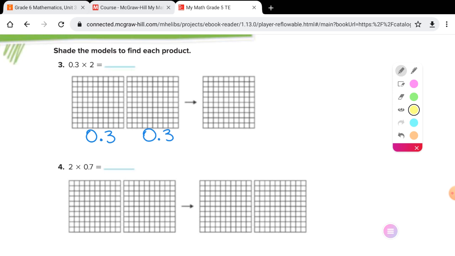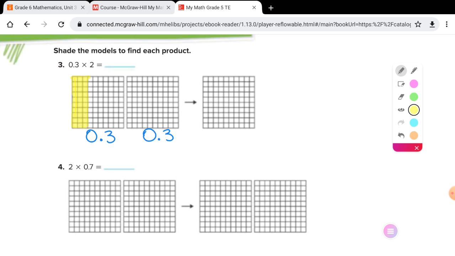Kendall? You shade 3 of the. Yeah, 3 sets of 10. So you will shade 3 rows on this one, or 3 columns, sorry, because that's 3/10.